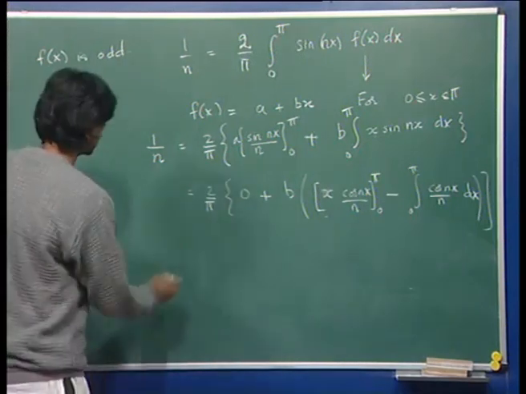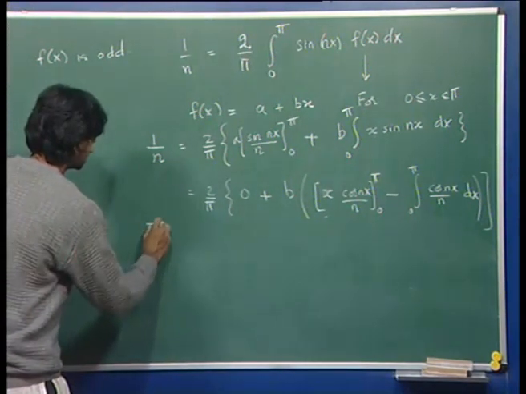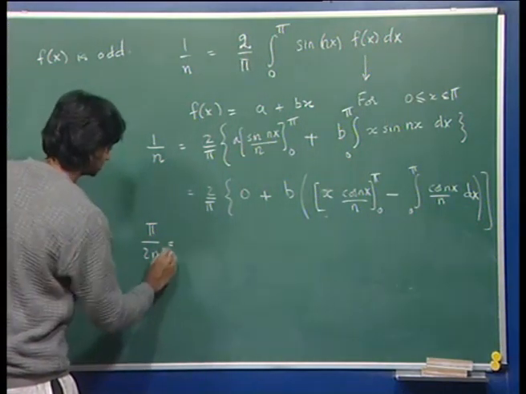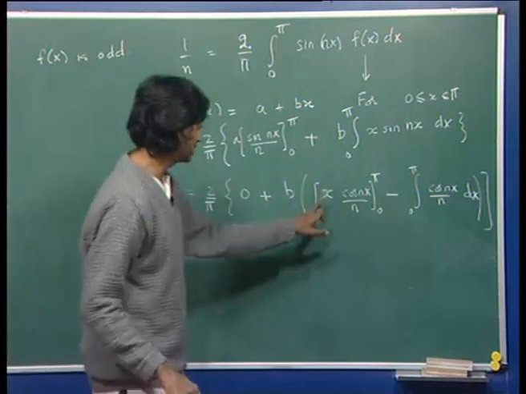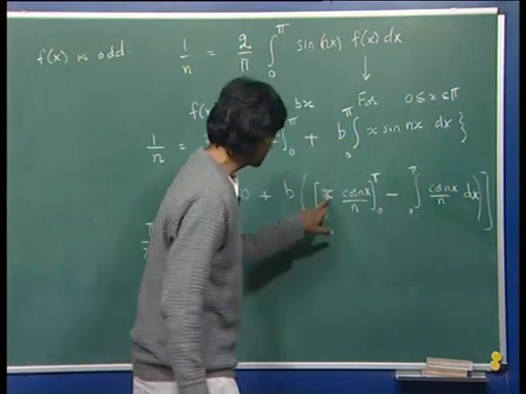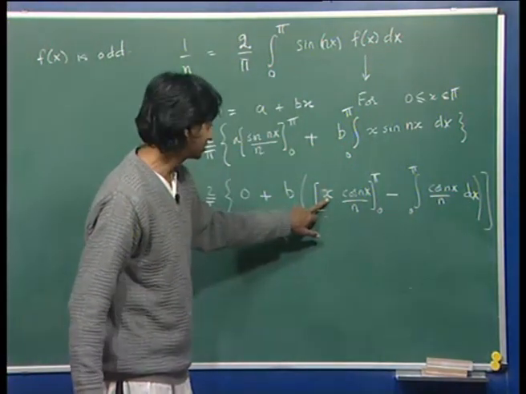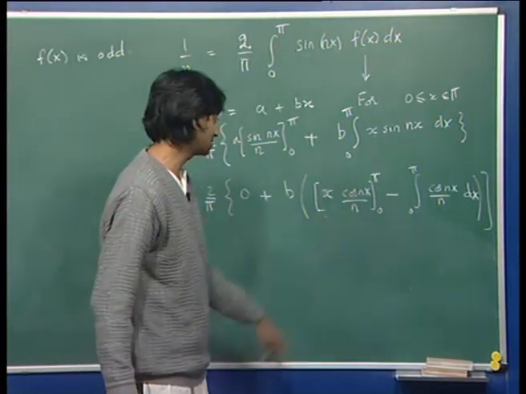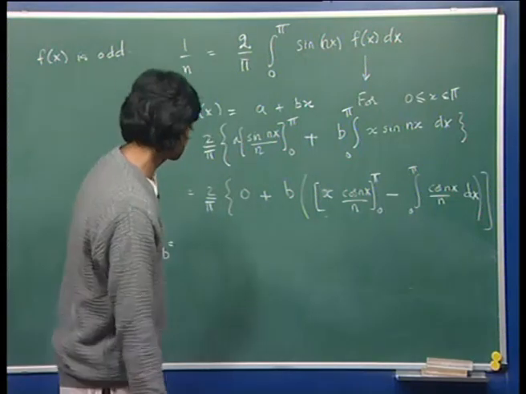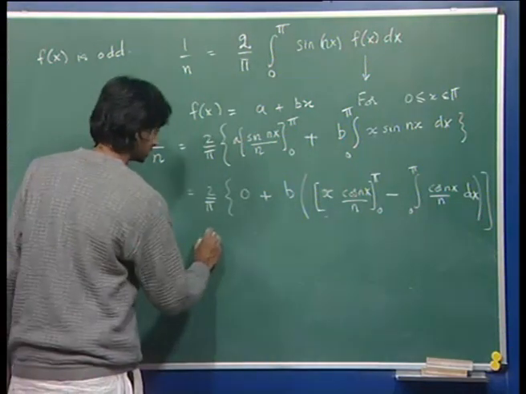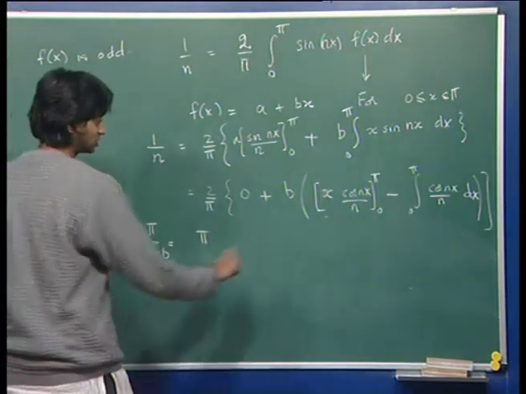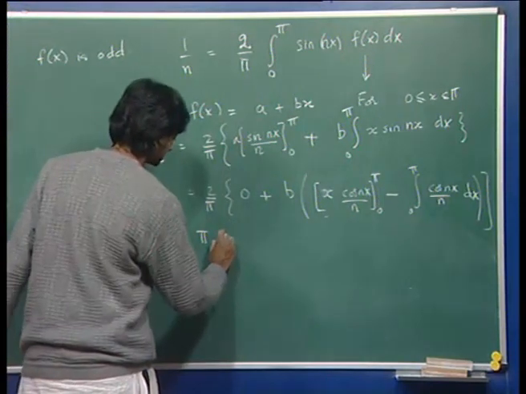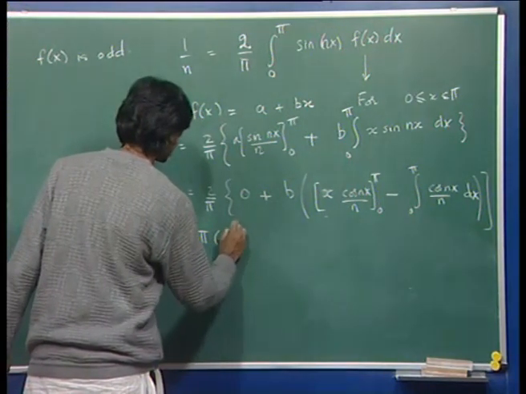So you get pi by 2n times b. When x equals pi, you get pi times cos(n pi) by n, and cos(n pi) is minus 1 raised to n.